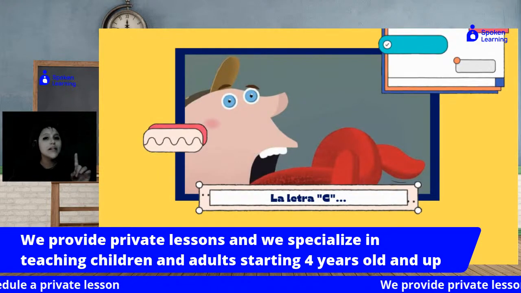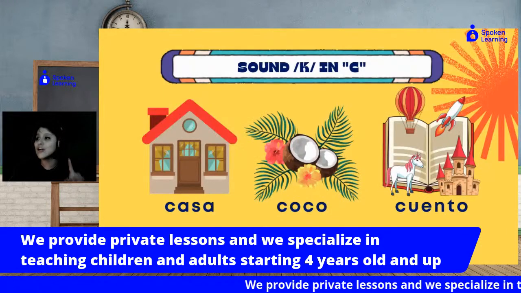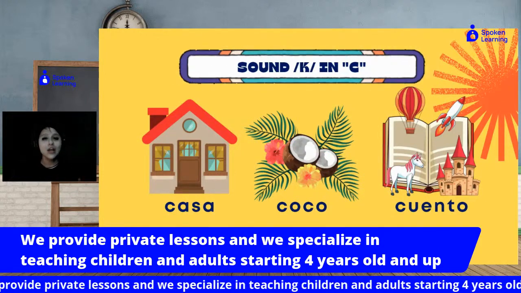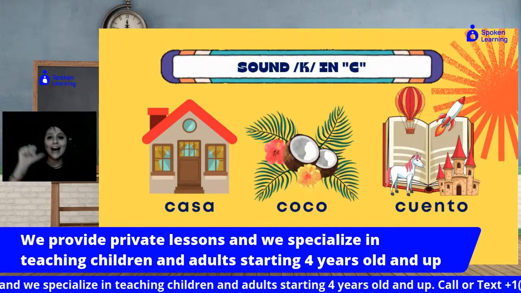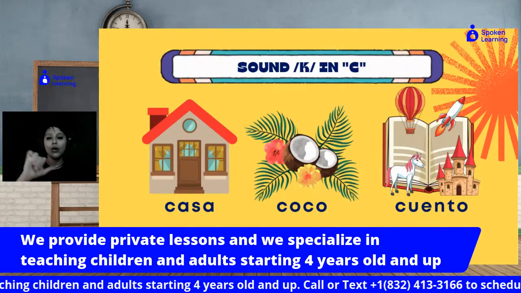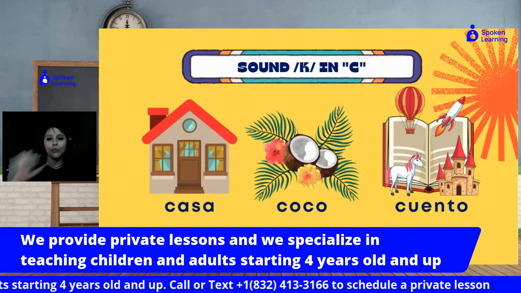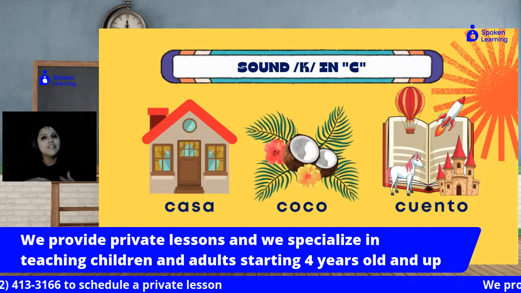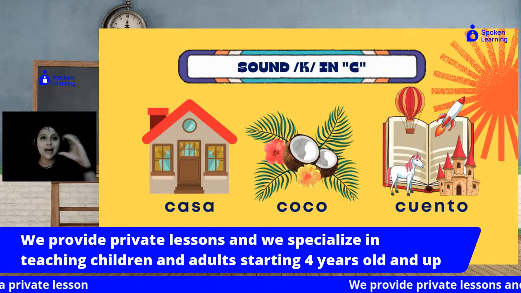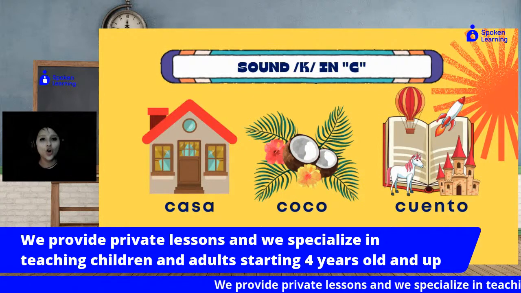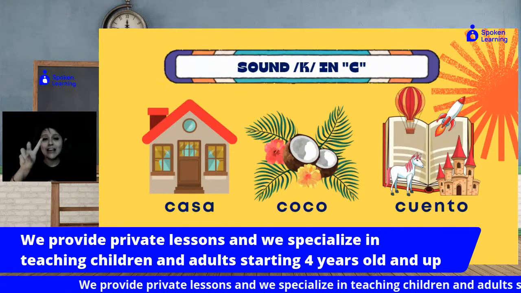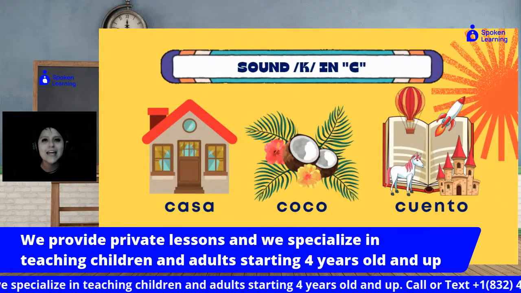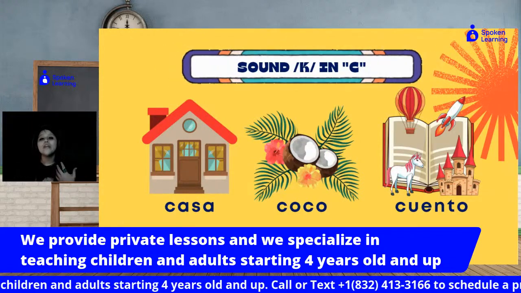The k sound with the letter C, el sonido k con la letra C, solamente se produce con las vocales A, O, U. A, O, U. Si quisiéramos usar la letra C con las letras E, I, the sound would be like a snake. That's why we need some helpers.